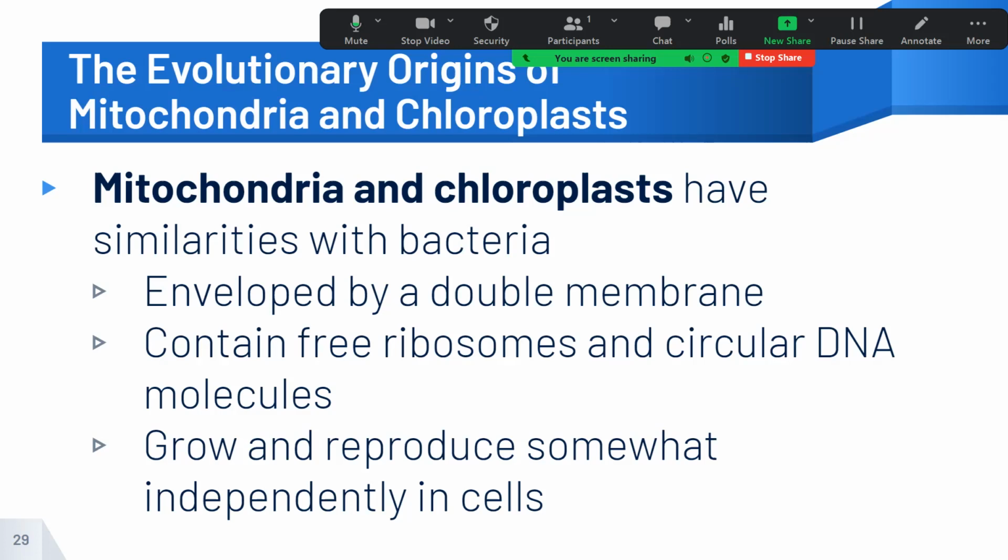So they have their own genetic information. They have their own DNA. And because they have their own DNA, that supports the endosymbiotic theory, which we'll take a look at in just a minute. But they grow and they reproduce somewhat independently in the cell. So again, more support for that endosymbiotic theory.